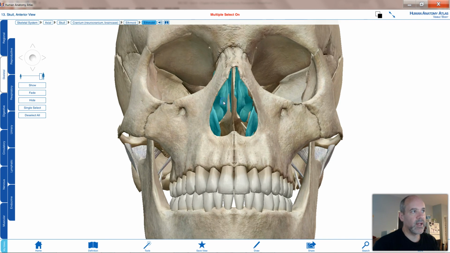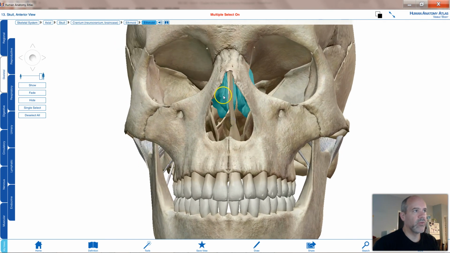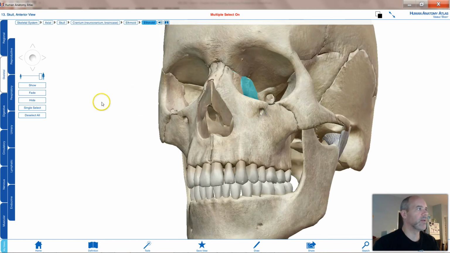And if we look up higher in this guy's nose, that's highlighting the entire ethmoid bone. You kind of see those folds hanging down there and over there. Those are your middle nasal conchae. Conchae is plural, concha is singular, and then the superior ones are higher up and much further back. We can't really see those.